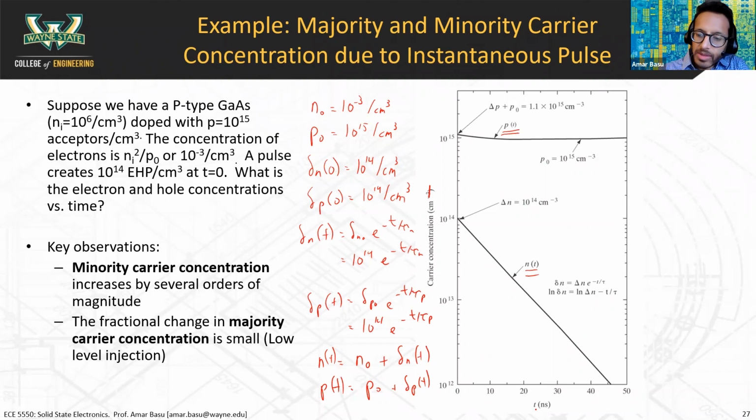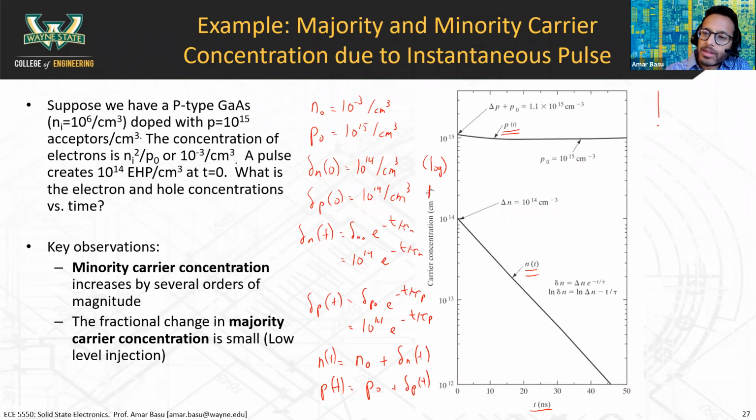So let's look at some details of the plot. This is time on the x-axis, and the y-axis is carrier concentration. Notice this is on a log scale, 10 to the 13, 10 to the 14, 10 to the 15th.